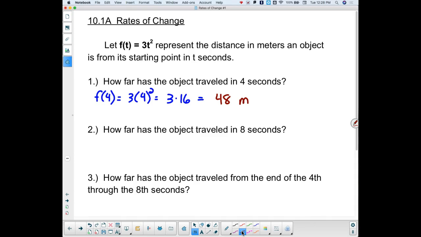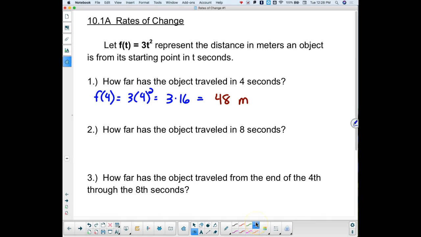Plug in 8 for t. What do we got? 192? Oh, yeah. Okay.